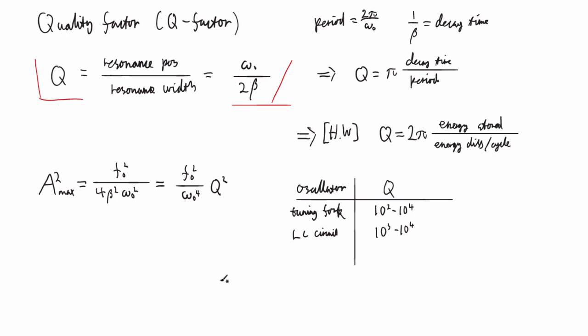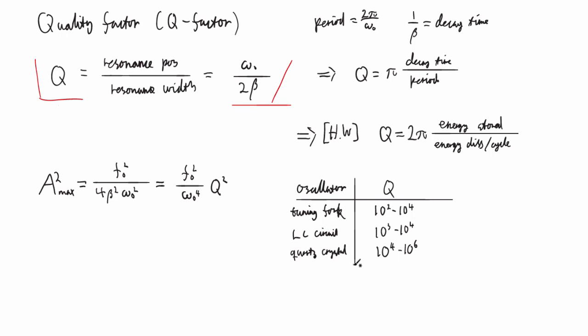If you look at a quartz crystal, just like the quartz crystals that are used in computers to run the clock inside the computer, or to keep track of time in your watches, that has a Q on the order of 10,000 to 1,000,000 perhaps.